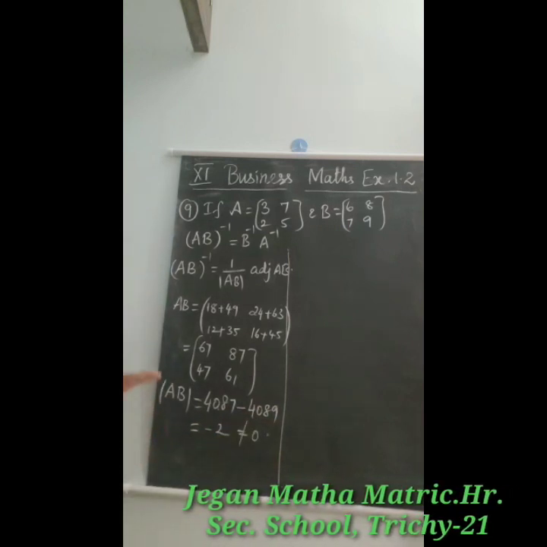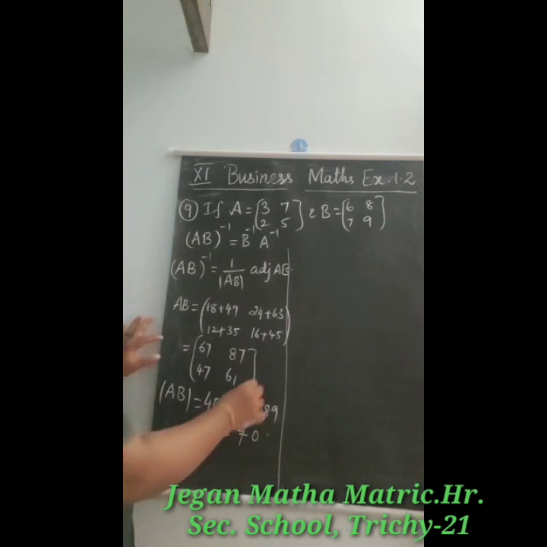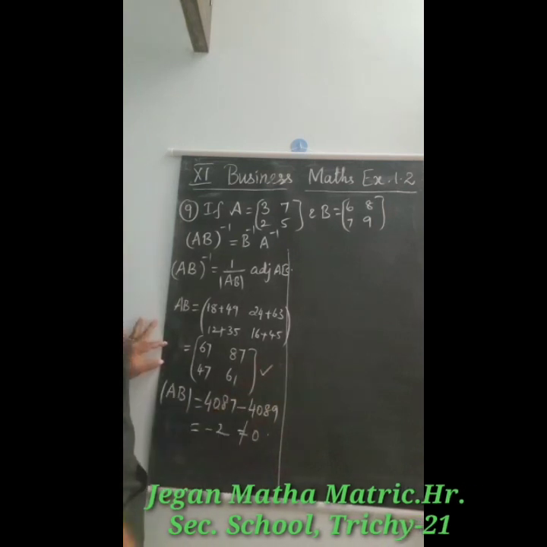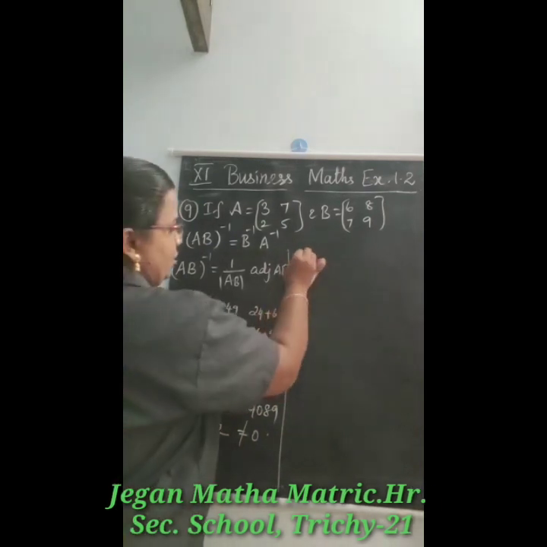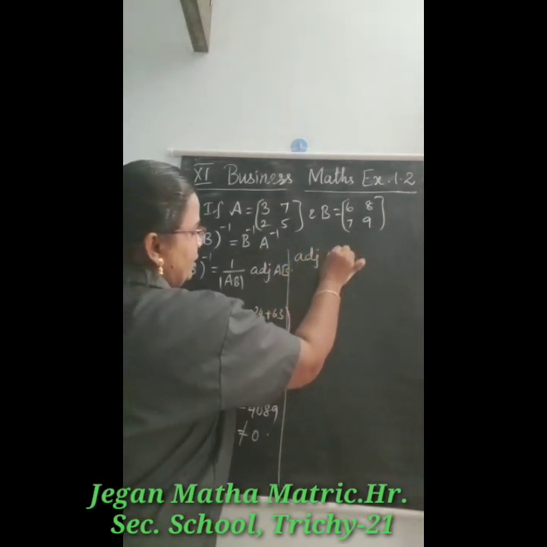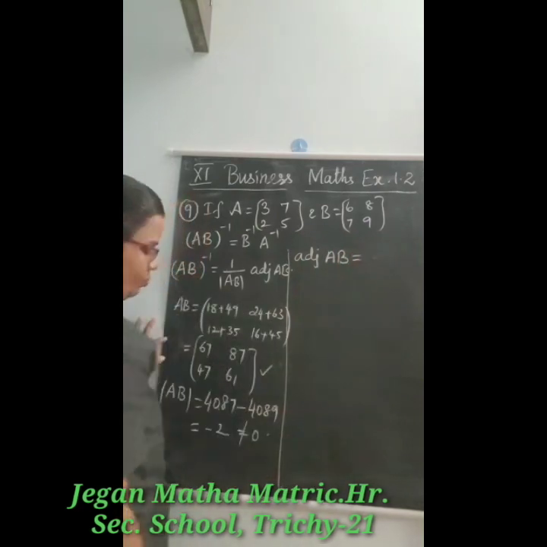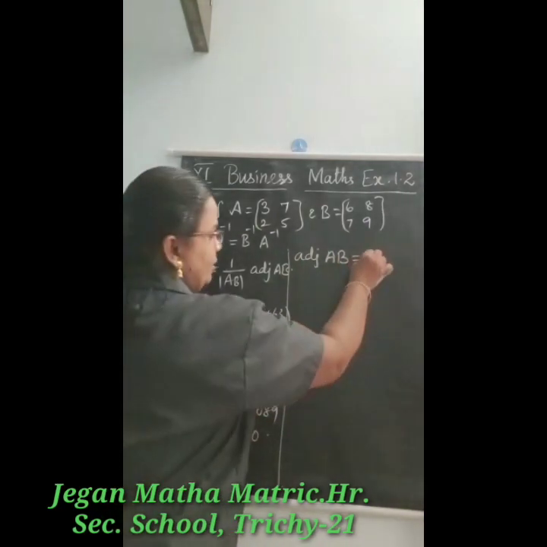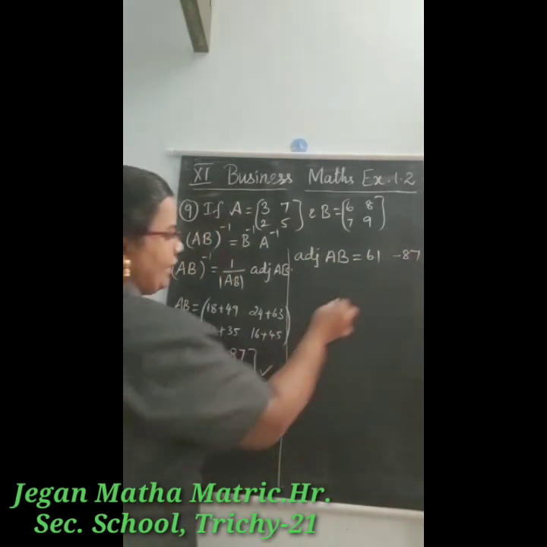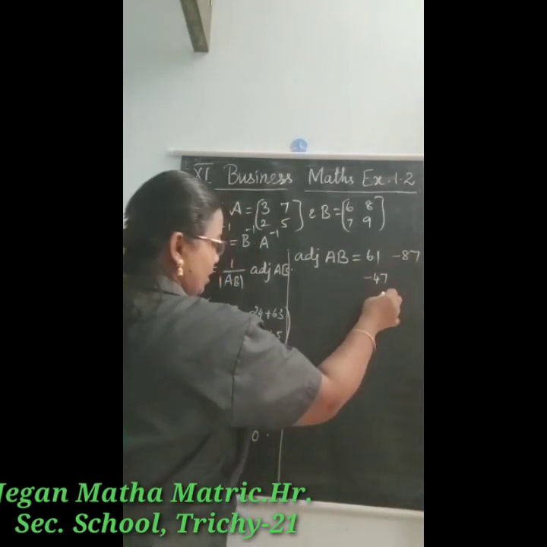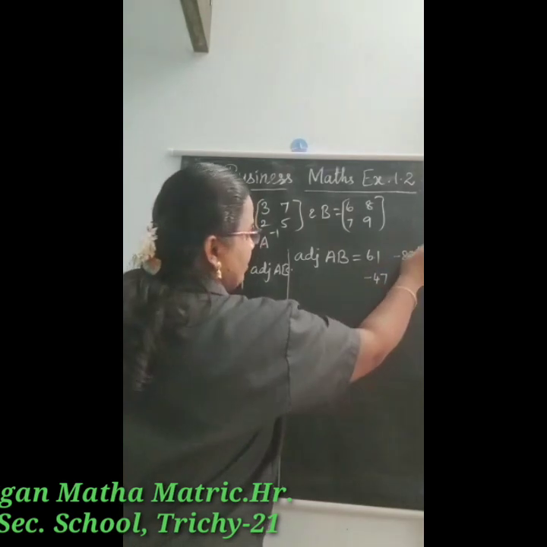Now we have to find out the adjoint AB. This is AB, so we have to find this for adjoint AB. So adjoint AB is equal to 61, minus 87 and minus 47, 67.